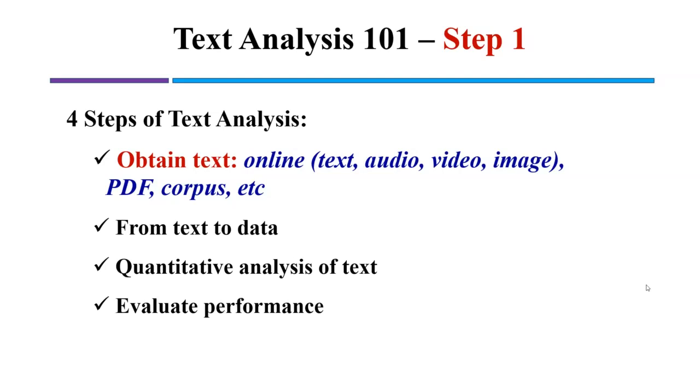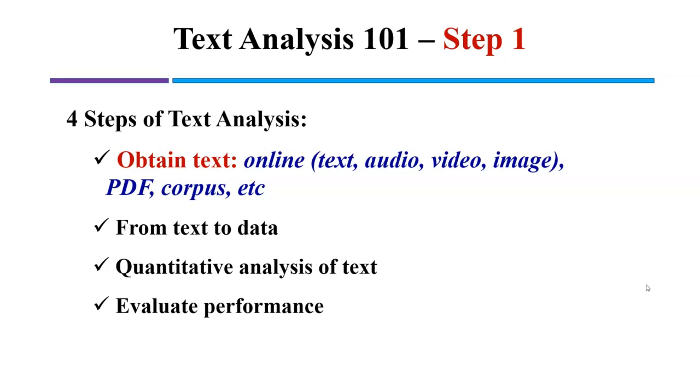So for the data, like I mentioned, it can be online, it can be a website, but it can be all types of form. If it's not text, if it's audio or video or image, you need to code it, and you can code it to become text too.